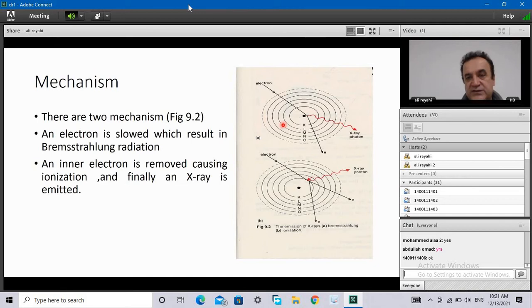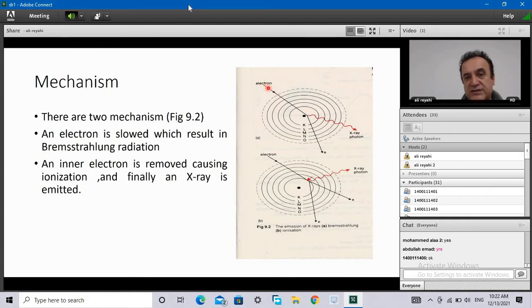When electrons arrive, there are two events for the electron. First, the electron meets the atoms of the anode, the atoms of tungsten. I told you tungsten is a metal with a high density and a high atomic number. There is the nucleus of the tungsten, and there are electron shells or electron layers around the nucleus of the atom.